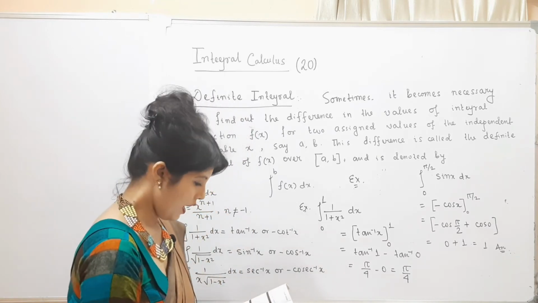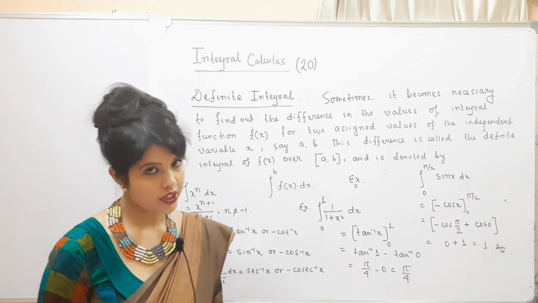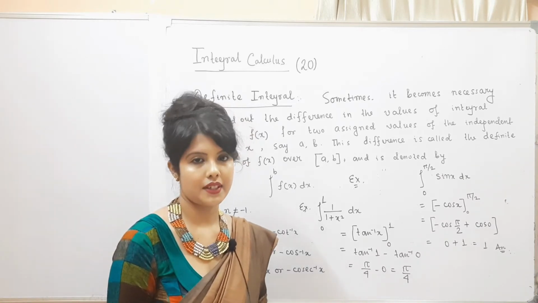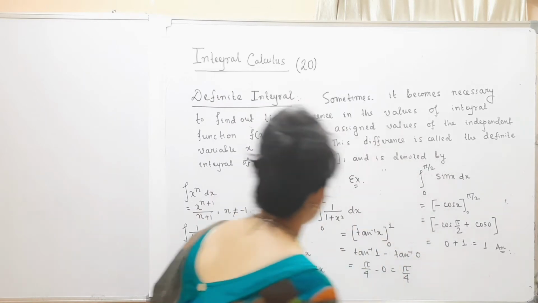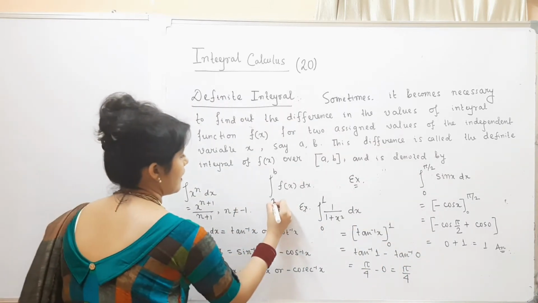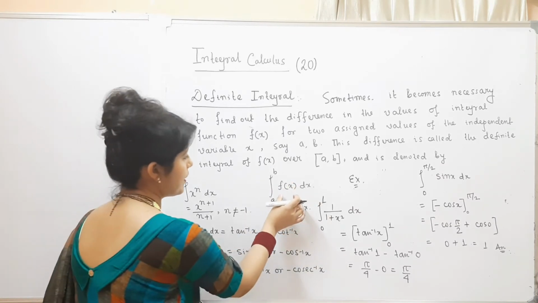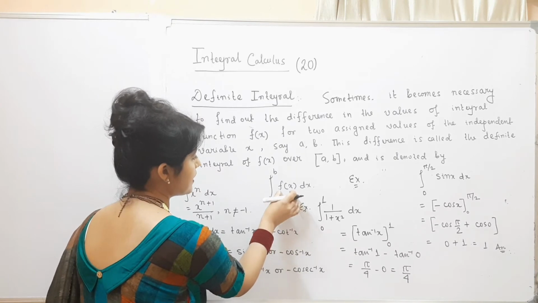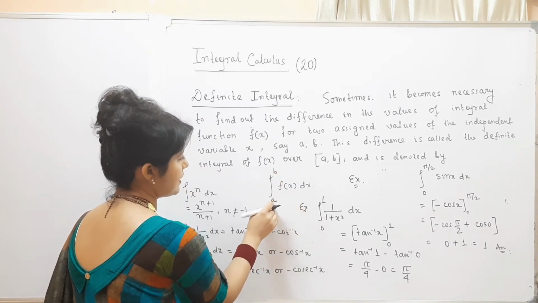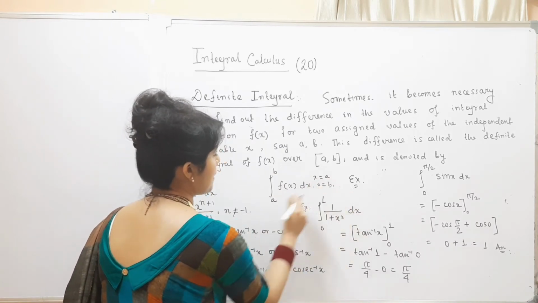Now I am going to discuss a very important portion of the definite integral, that is the geometrical interpretation of definite integral. Hope you have understood this. This kind of integration is called a definite integral whenever you find the difference of the integral between two pre-assigned values of x, that is x equal to a and x equal to b.